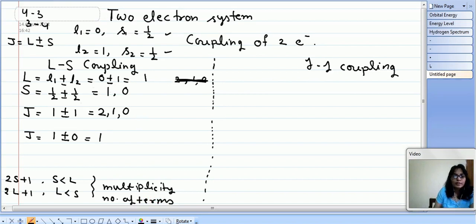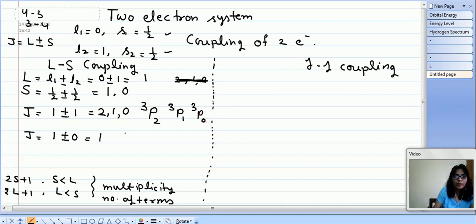So in this case it is 2, 1, 0, which means 3 terms. So here we will write the multiplicity factor, which is 3, and then the value of capital L. Capital L is 1 means the P state, because this is the combined state for the atom. So I will use the capital letter, and then the value of J: 3P2, and then for the other states it will be 3P1, then 3P0.